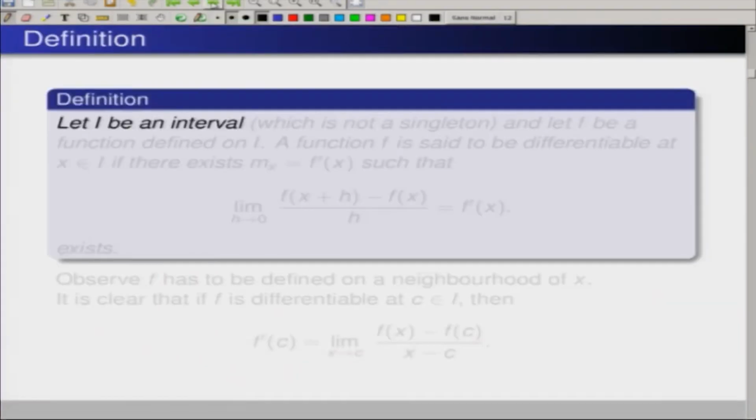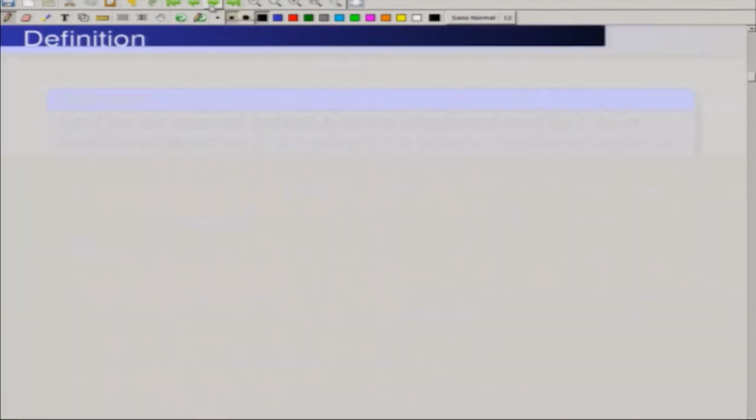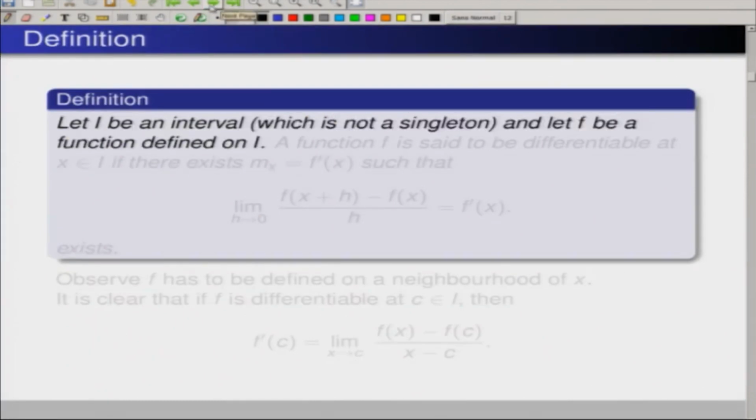So, this now suggests to us how to define when a function is differentiable. Let's take I to be an interval which is not a singleton; it can be closed, open, infinite, half closed, half open, anything, but not a singleton.